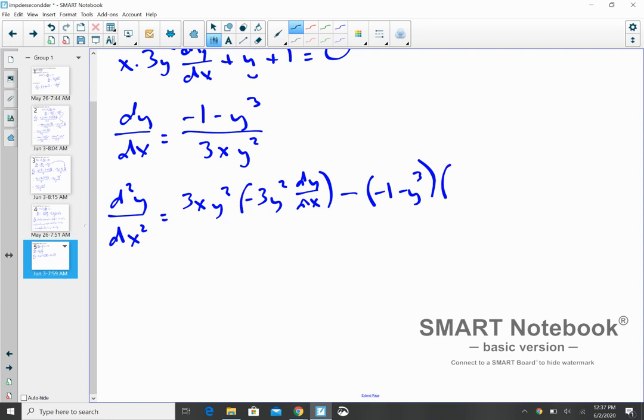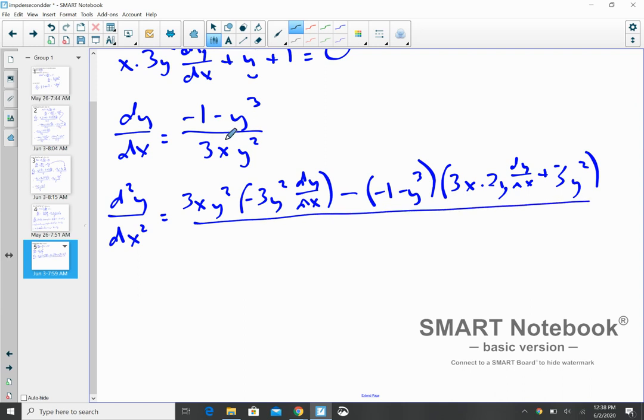Man, this is fun. So we have 3x times 2y dy dx plus 3y squared. Okay, and that's all over, still got the quotient rule, the low, so that's going to be 9x squared y to the fourth when you square that guy out.